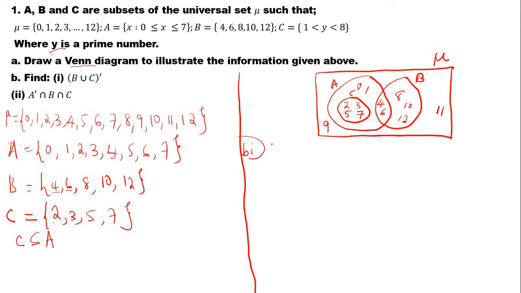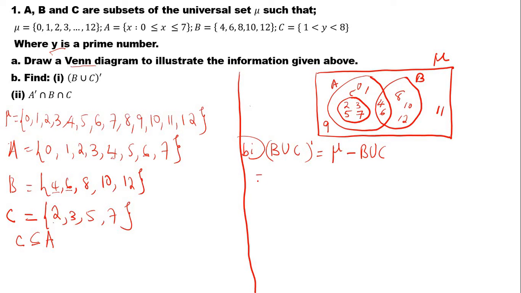BI says we should find B union C complement. So that means we are going to take away B union C from the universal set. Everything in B and C, we take them off from universal set.